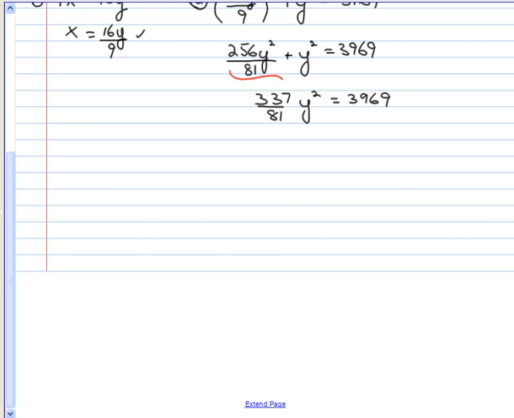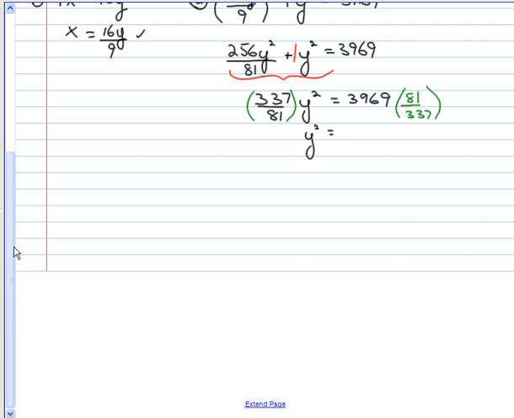That's from adding these two things together. There's 1 in front of that y squared, so 256 over 81 plus 1 is 337 over 81. Now to get my y squared by itself, I'd multiply by the reciprocal, 81 over 337, in order to eliminate that fraction on the left side.